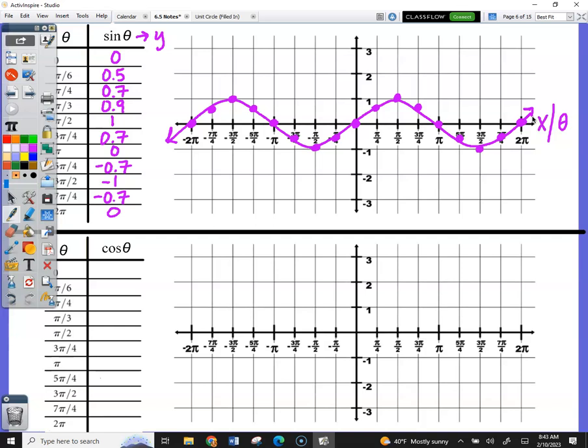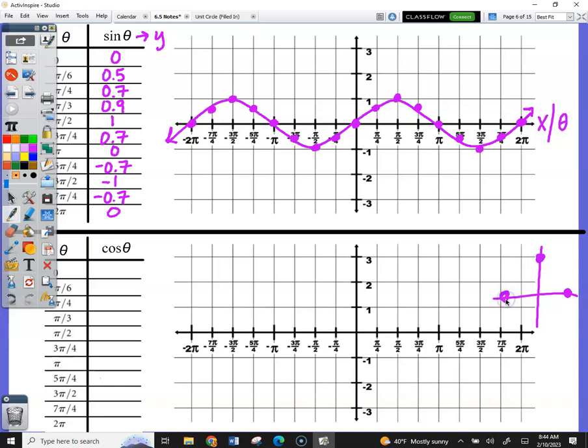But I want you to understand there's 5 key points that will always help you know that this is sine. The 5 key points, I say 5. Oh yeah, that's why. I was like, why is there 5? There's only 4 quadrants. The 5 key points come from, on the unit circle, asking yourself, what's the y value here? What's the y value here?